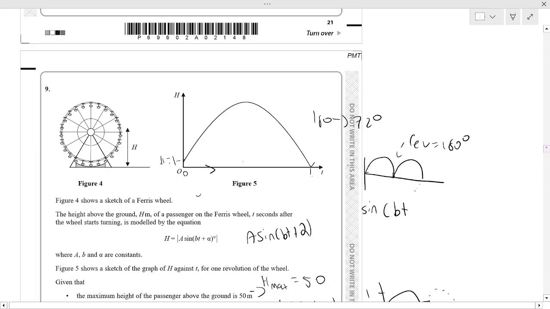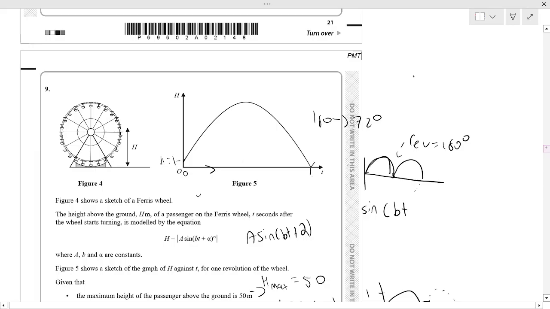So if we shifted this by 90, well, it's still going to be a revolution of 180, right? It doesn't matter how much you shift it left or right, it's still going to be the same revolution. So the alpha's not going to affect it. And A, that's just doubling your y coordinate. But again, if you times the y coordinate, that's still not going to affect your revolution.